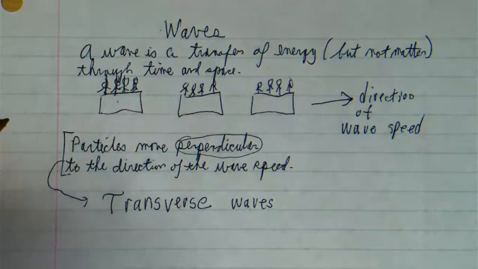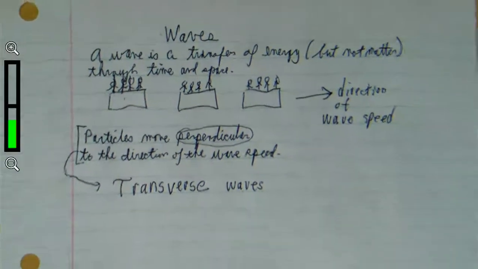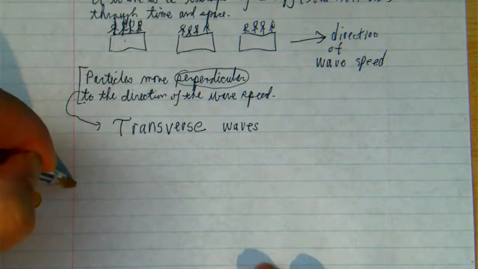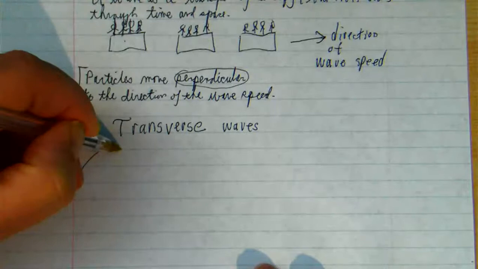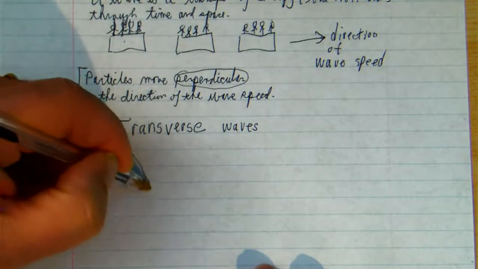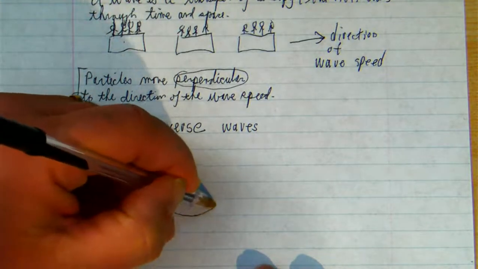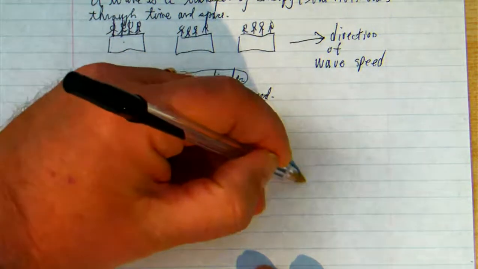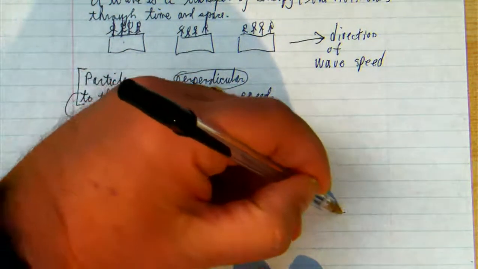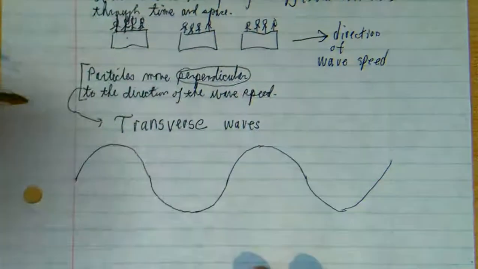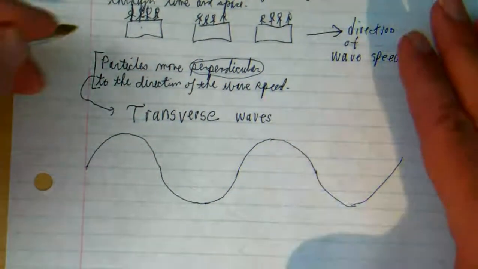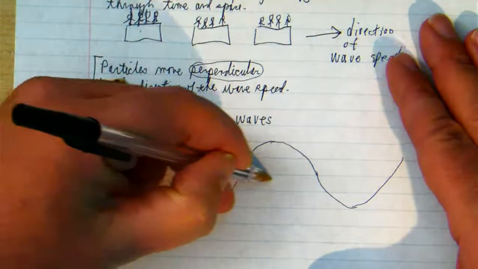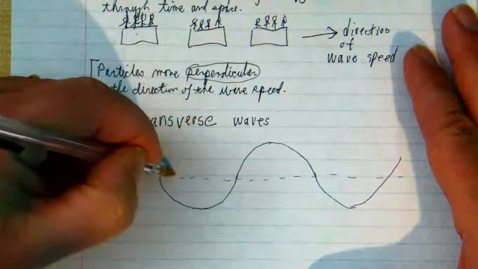For transverse waves, I can represent them by drawing a sine curve. Okay, one of my better attempts. The midpoint of the wave would be this dashed line here.